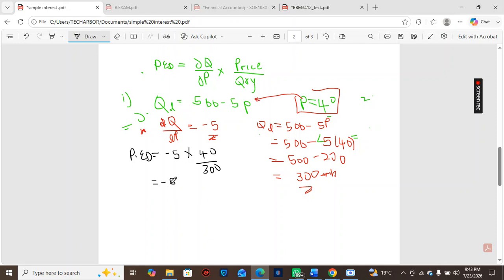So negative 5 multiplied by 40 divided by 300. 40 divided by 300 is 0.133. Multiplied by negative 5, you get negative 0.66.